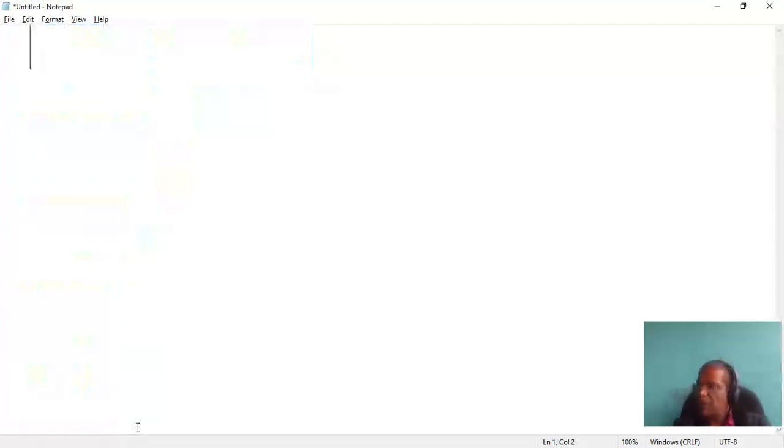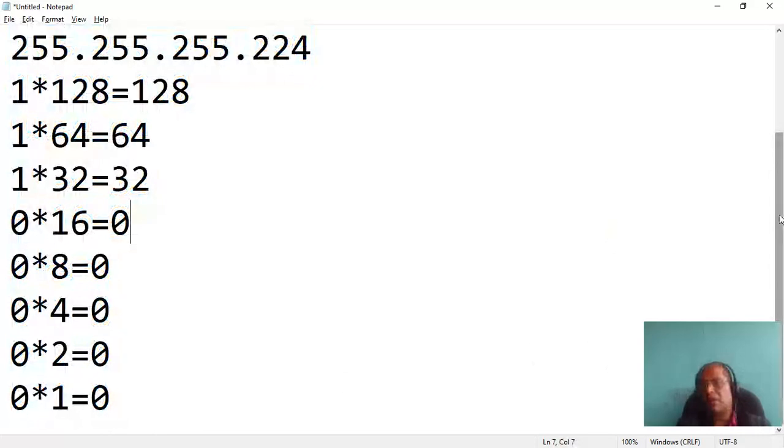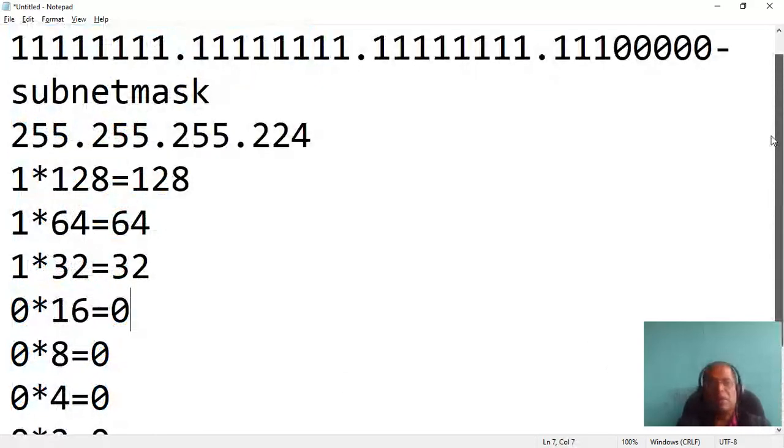Let me go ahead and do something more. Now you see, when we check here, the digit where the 1 stops, by position that digit value is 32. After 32, what you get is a 0.